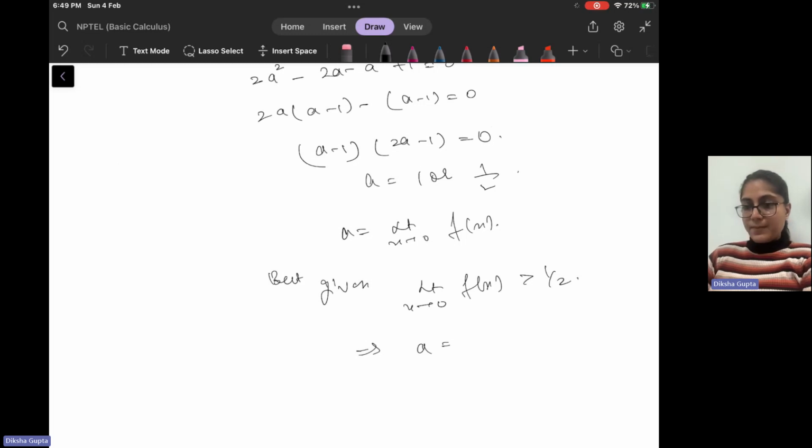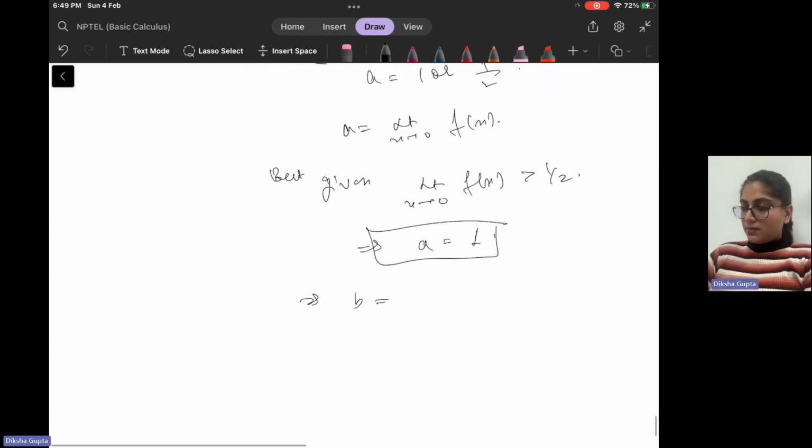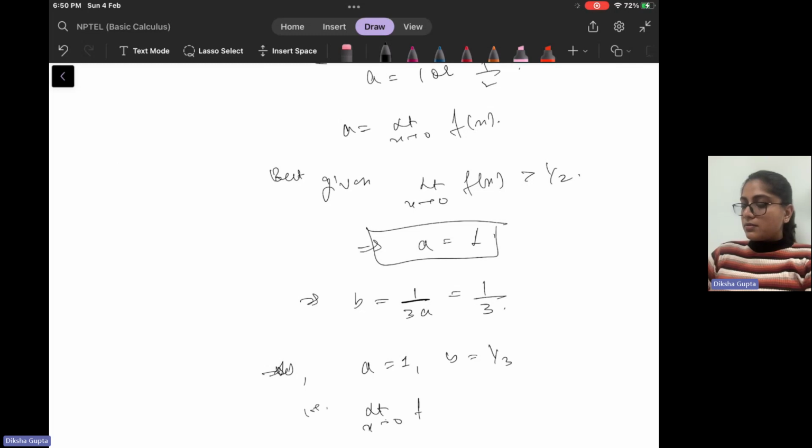But you have been given that the limit at the point 0 of f(x) is strictly greater than 1 by 2, so it cannot be 1 by 2, so a has to be 1. Implies b was 1 by 3a, so b equals 1 by 3a equals 1 by 3. And so a equals 1, b equals 1 by 3, that is limit x tending to 0 f(x) is 1, limit x tending to 0 g(x) is 1 by 3.